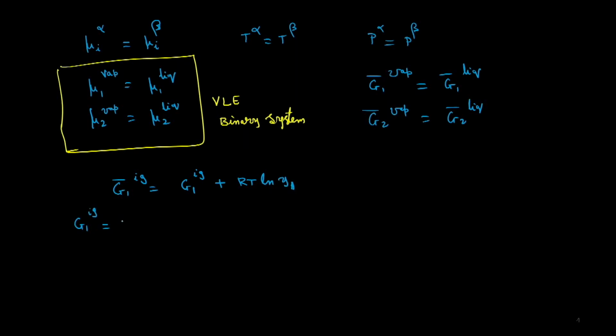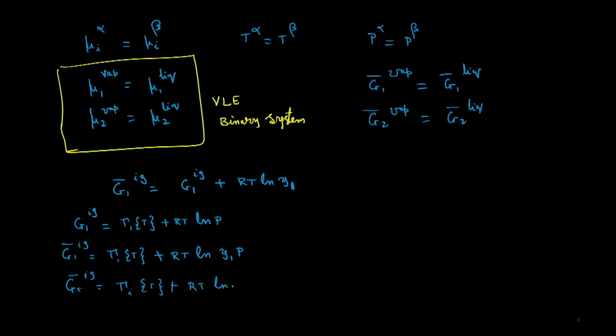So G1 ig will be gamma 1, some constant for that species, plus RT ln P. And G1 bar ig then will be gamma 1 of T plus RT ln y1 P. And for any species i, of course, Gi bar will be gamma i of T plus RT ln yiP.